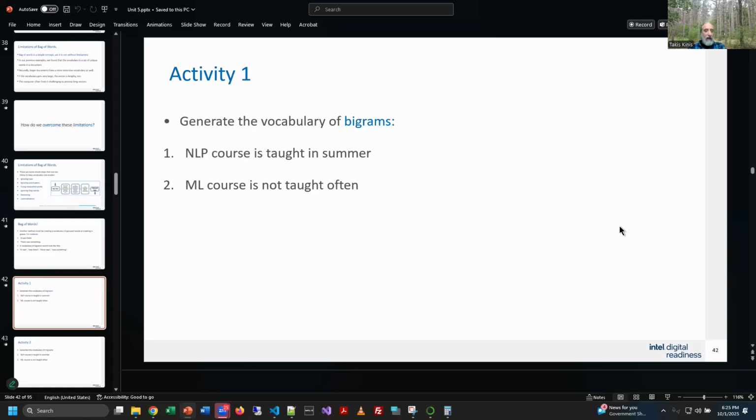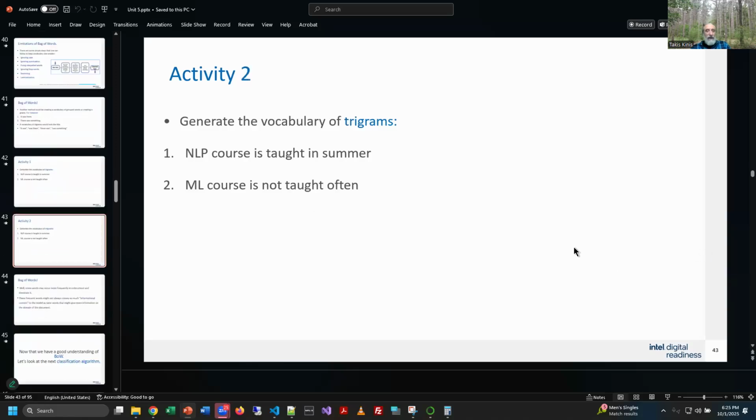And then they have ML course, and I would say is not taught. Maybe, as a combination, "taught often" or "is not" might be some of the bigrams that you have there. Another one here, if you want to keep practicing, and this would be trigrams, the groupings of three words.